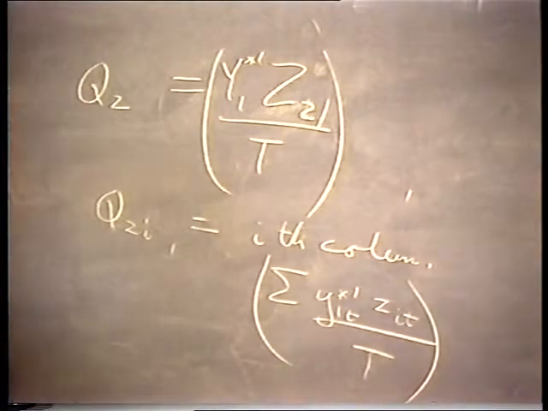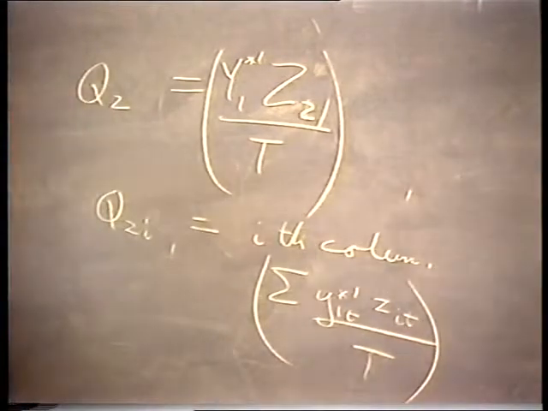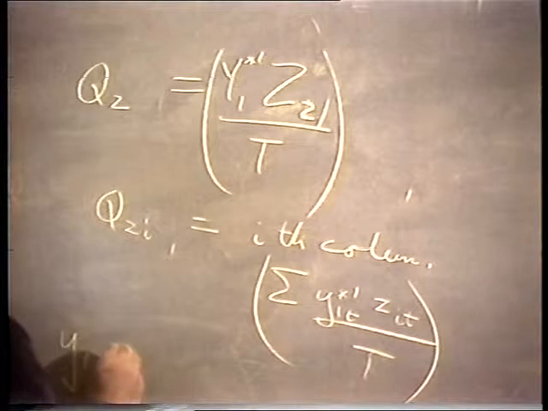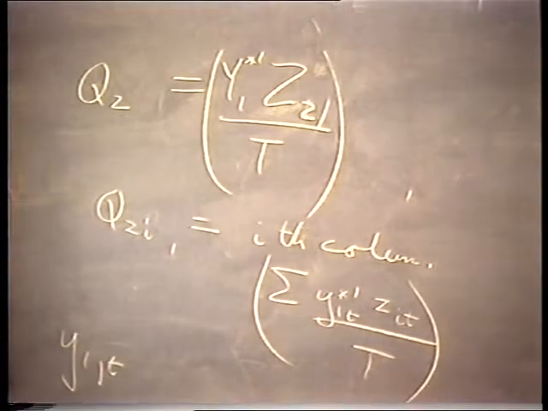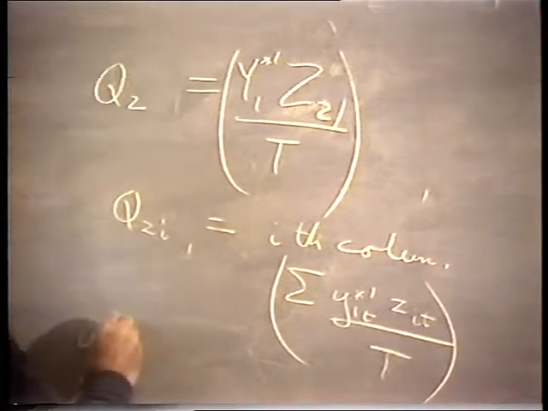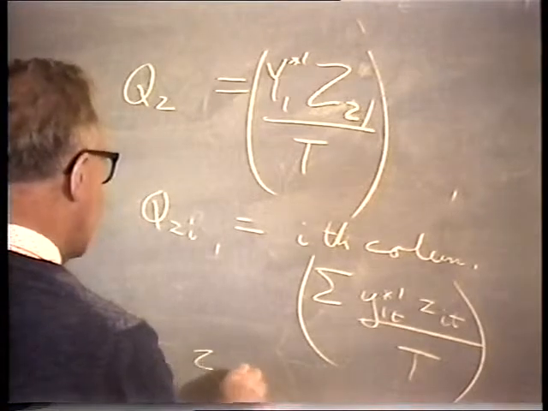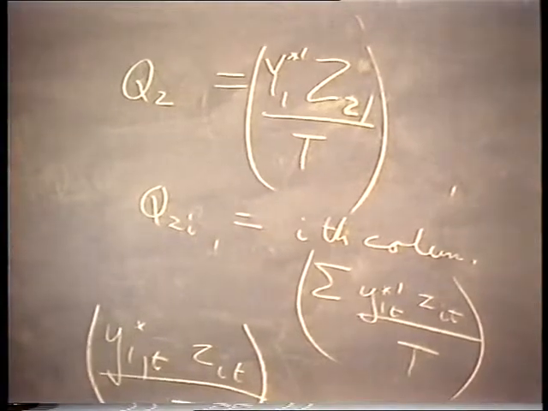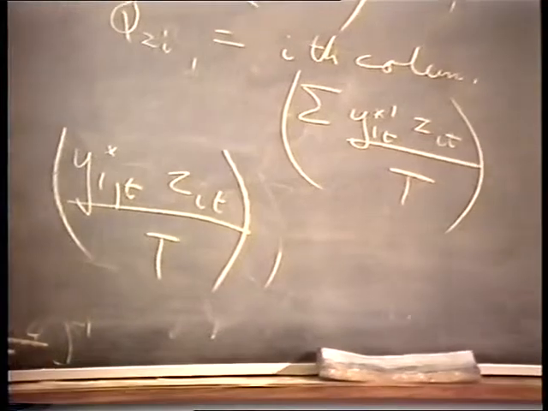Let us, in fact, look at, to make it easily manipulable, the jth element in the Y1 star, Z1 ZIT over T, and we will have to substitute in from the reduced form.